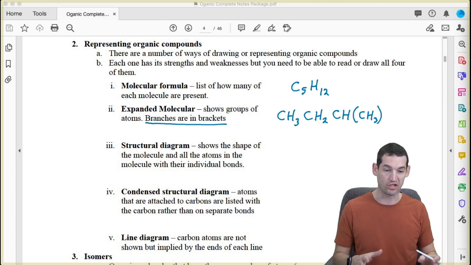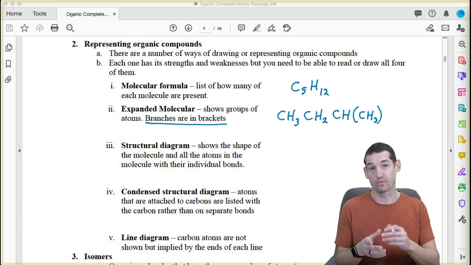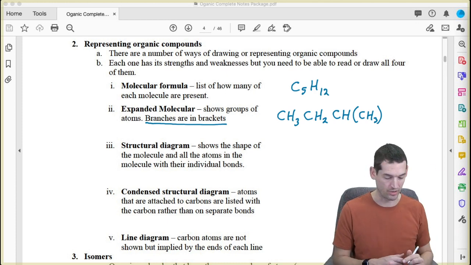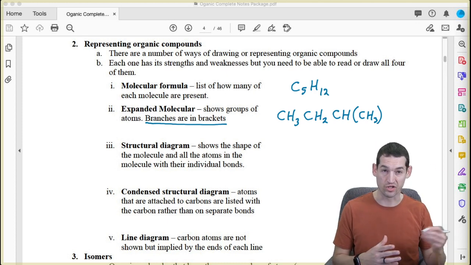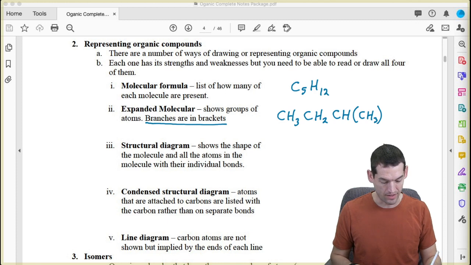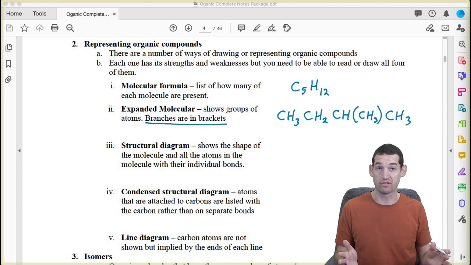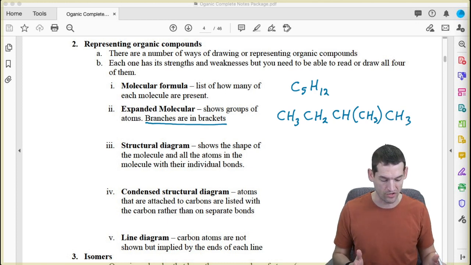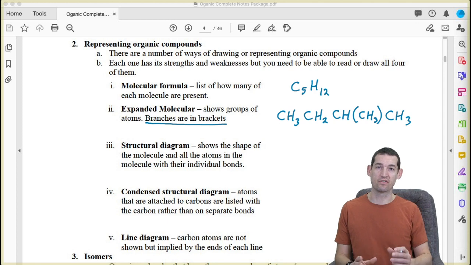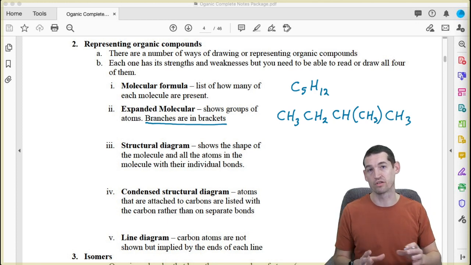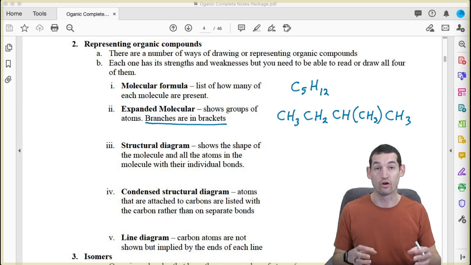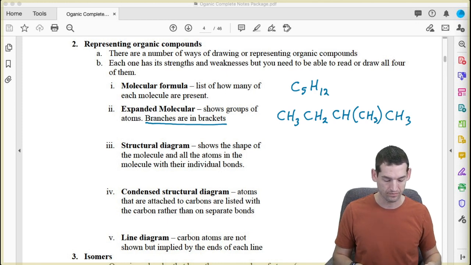So that tells me this carbon has 1 H and a branch coming off of it, which is a CH3 branch, and then another CH3 at the end. So it's the same information. It's still 5 carbons, it's still 12 H's, but now they've at least given me some idea of how those atoms are arranged in this molecule.